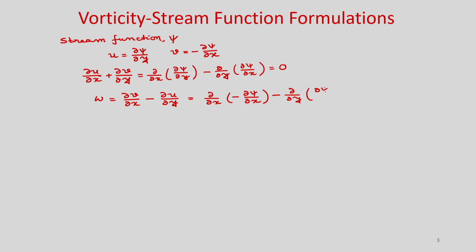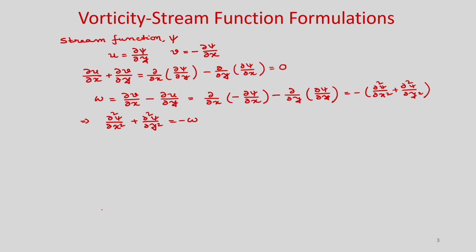U is del psi by del y. So, you can see that it is minus del 2 psi by del x square plus del 2 psi by del y square. That means, you can write del 2 psi by del x square plus del 2 psi by del y square is equal to minus omega.